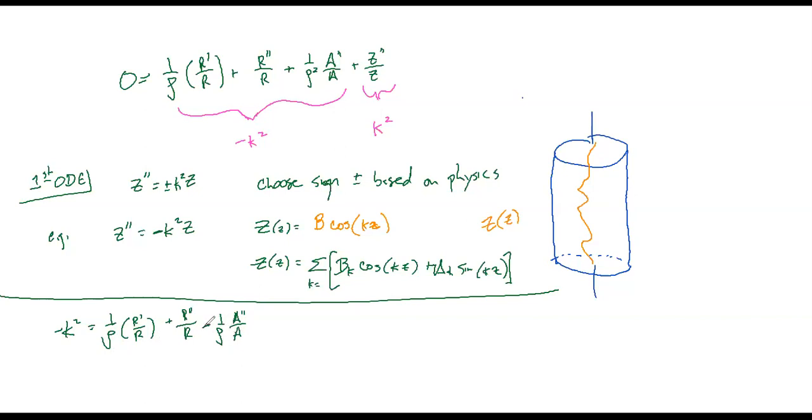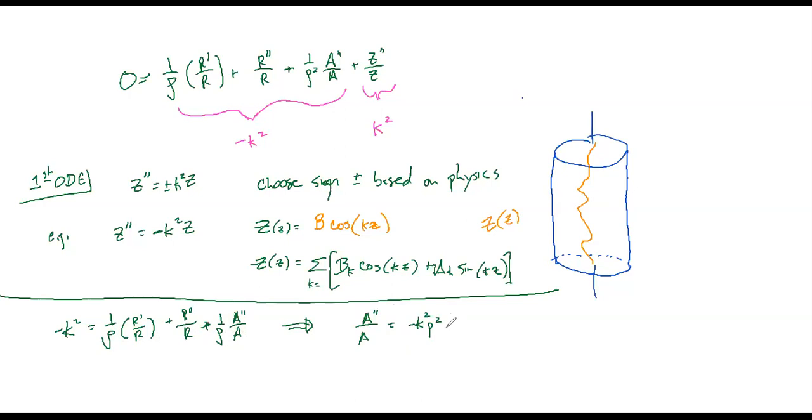I think it seems easier to think about A. So we've got to multiply by rho in order to separate this. So this turns into the separable differential equation, A double prime over A equals minus k squared rho squared.